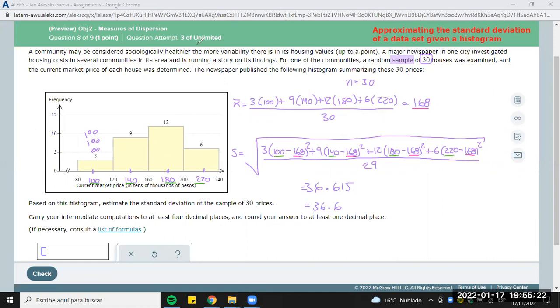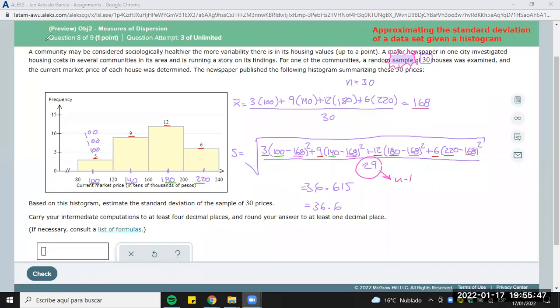And what else? The frequency, these numbers are the frequency, so we have 3 of this kind, 9 of this kind, 12 of this kind, and 6 of this kind. And the most important part that I want you to remember is that we are dividing by n minus 1, since this is a sample standard deviation.